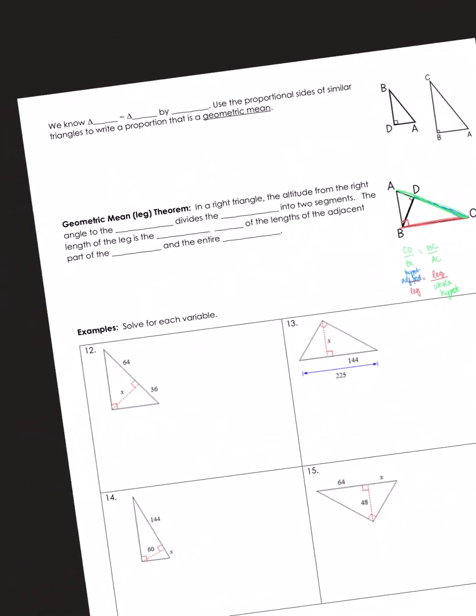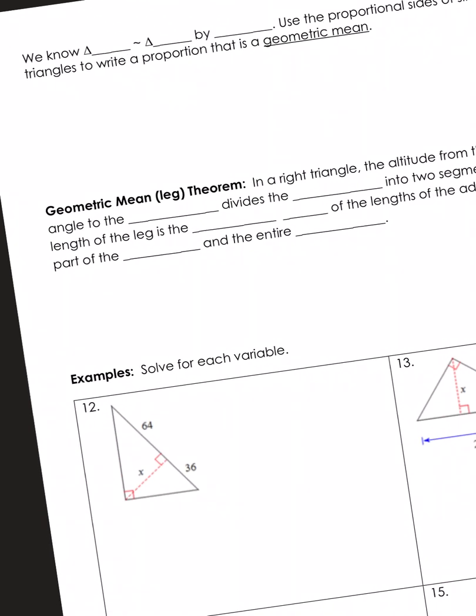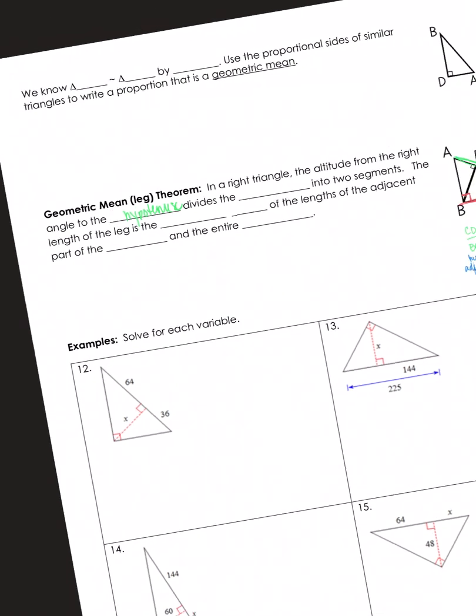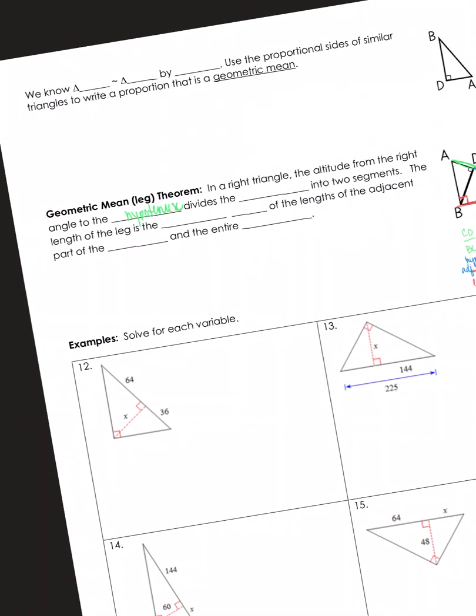So it says the geometric mean theorem for a leg: in a right triangle, the altitude from the right angle to the hypotenuse divides the hypotenuse into 2 segments.